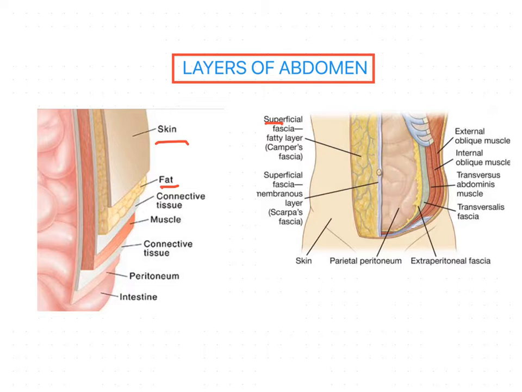That muscular layer includes the abdominal muscles, that is external, internal, and transverse abdominis muscles, and after that the transversalis fascia. The next layer to this one is the peritoneum. All these together are called the first layer of the abdomen, that is, the anterior abdominal wall.